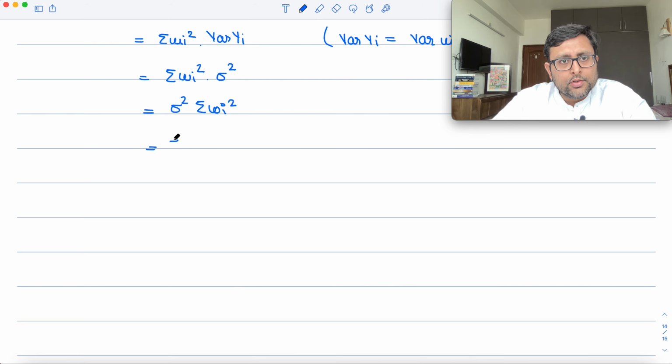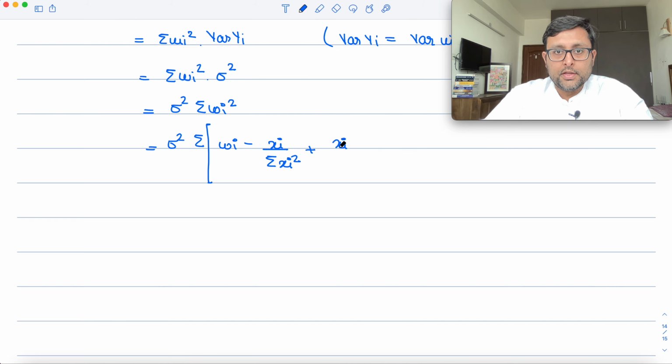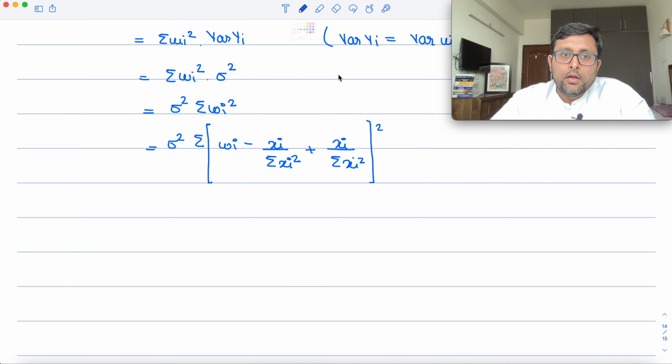Can I write it like this? wi minus small xi upon summation of small xi square plus small xi upon summation of small xi square. I hope you are following me. I have put this in parenthesis, so it is the (a plus b) whole square formula.